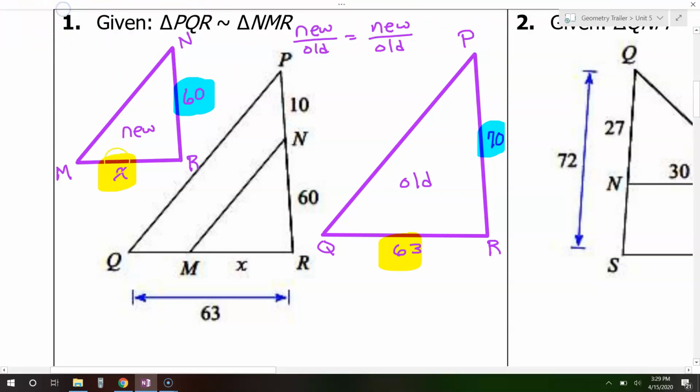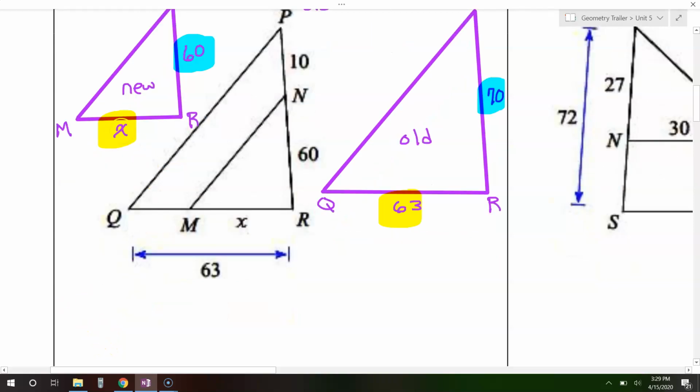So when I do new over old equals new over old, that's going to be X over 63 is equal to 60 over 70.